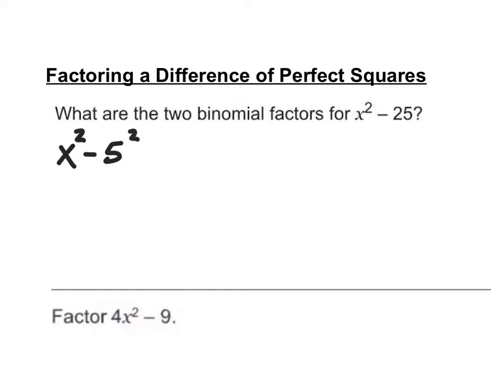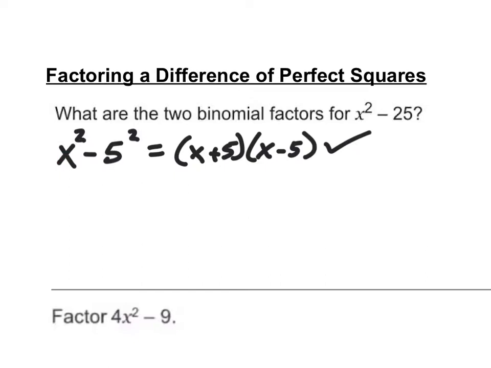And what I've realized is that every time I have something squared minus something else squared, their factors are just conjugates, which are opposite binomials. So if I rewrite this as x plus 5 times x minus 5, then that's it. I'm done. That's all I need to do. But the hard part is just recognizing that you have x squared minus 25 and rewriting that as x squared minus 5 squared.